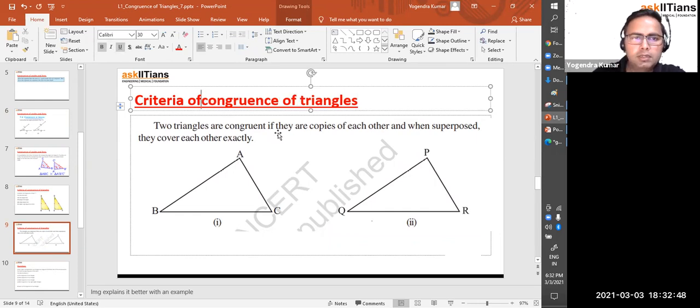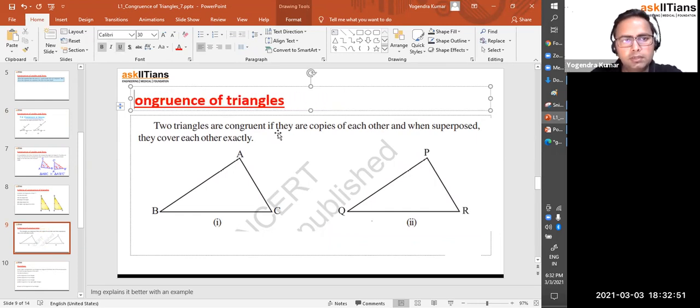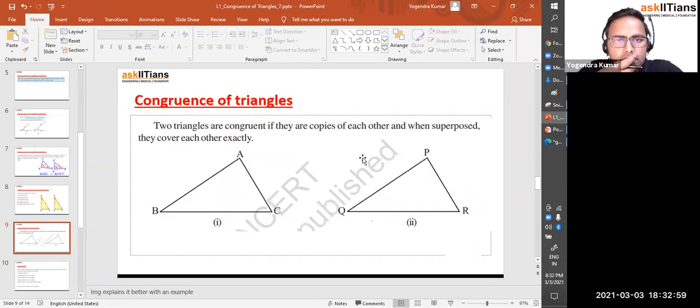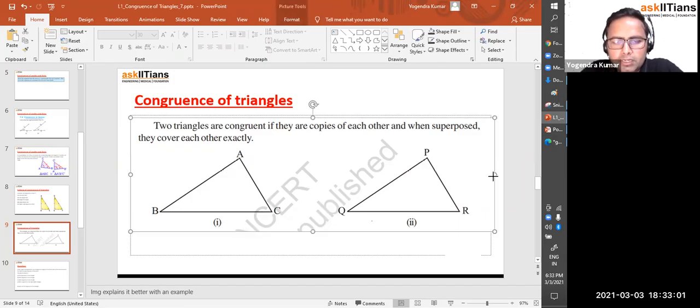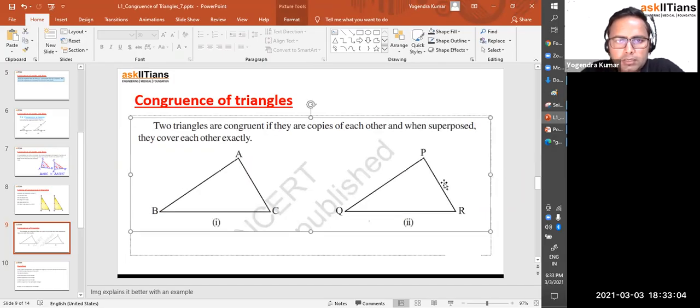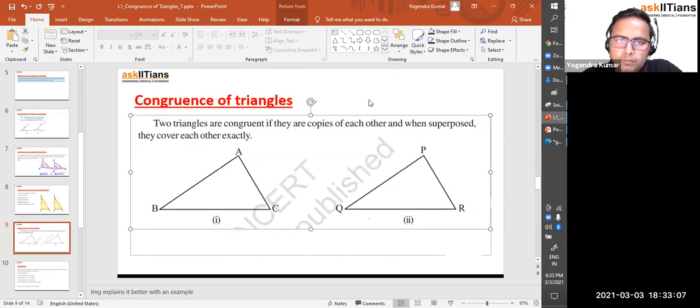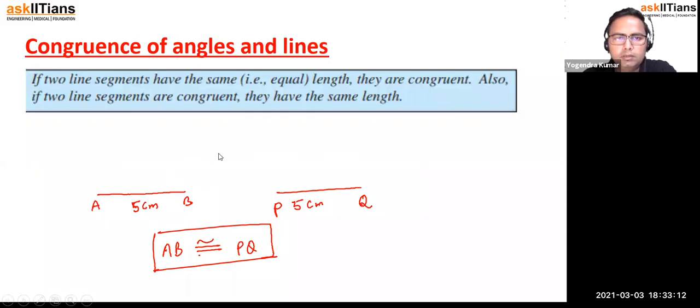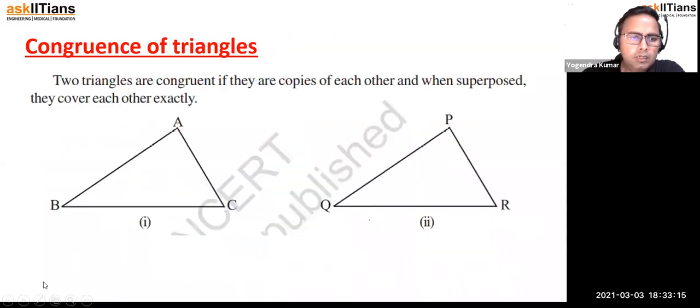So congruency of triangles, we can see here. This triangle ABC is congruent to triangle PQR.